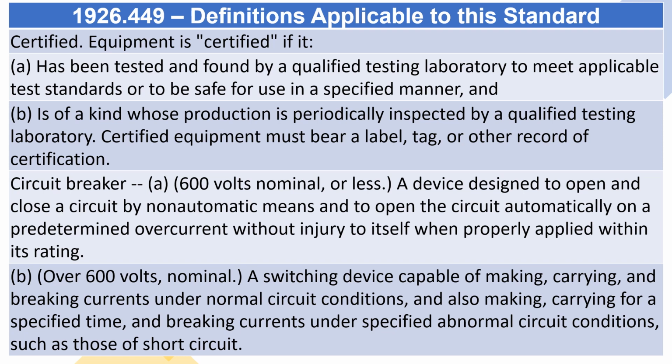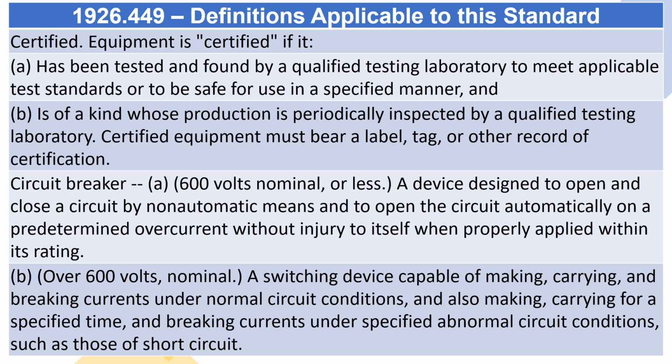Circuit breaker. A, 600 volts nominal, or less. A device designed to open and close a circuit by non-automatic means and to open the circuit automatically on a predetermined overcurrent without injury to itself when properly applied within its rating. B, over 600 volts, nominal.